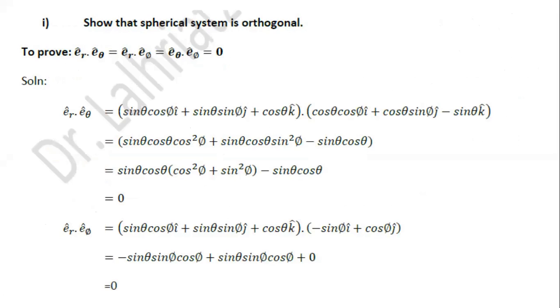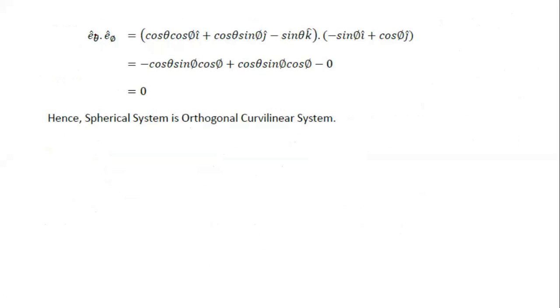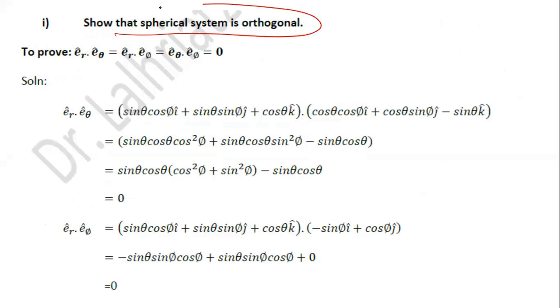You can show that the spherical system is an orthogonal system. How do we prove that? You have to take the dot product between the unit vectors. If the dot product comes out to be 0, then the angle between these two unit vectors is 90 degrees, that is orthogonal.